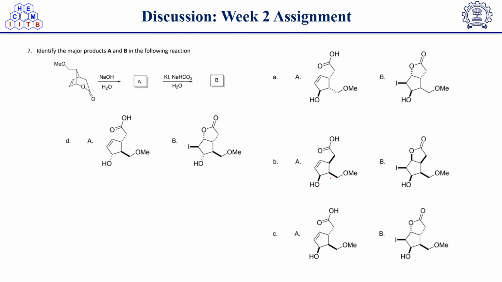The next question was to identify the major products A and B in the following reaction. First, hydrolysis of ester followed by iodolactonization and opening of that iodonium ion formed with the help of that carboxylic acid hydroxyl group. So which will be the correct answer and corresponding stereochemistry?